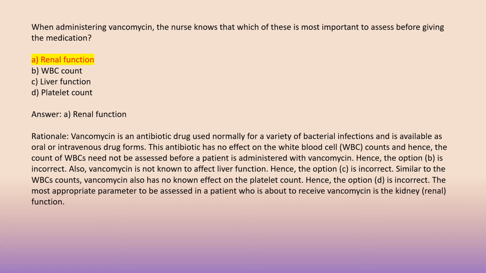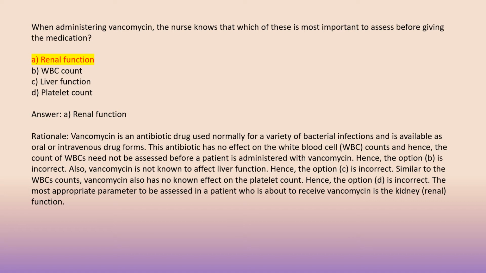Hence, the option B is incorrect. Also, vancomycin is not known to affect liver function. Hence, the option C is incorrect. Similar to the WBC counts, vancomycin also has no known effect on the platelet count. Hence, the option D is incorrect.